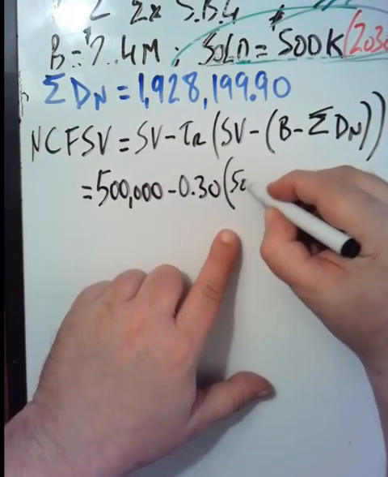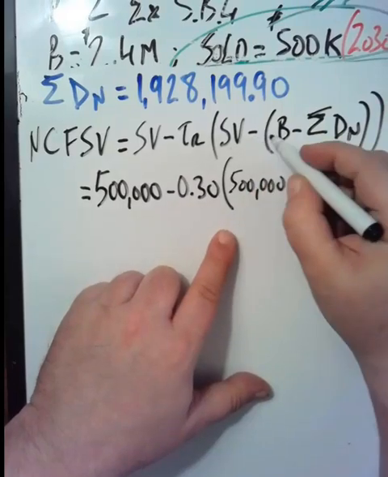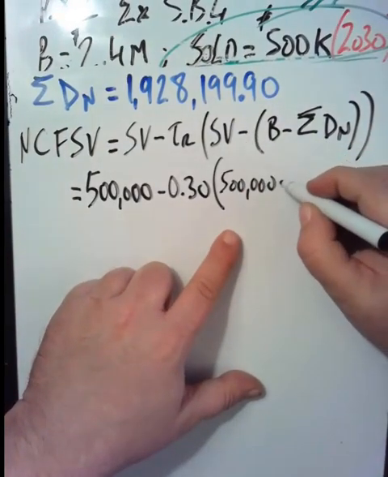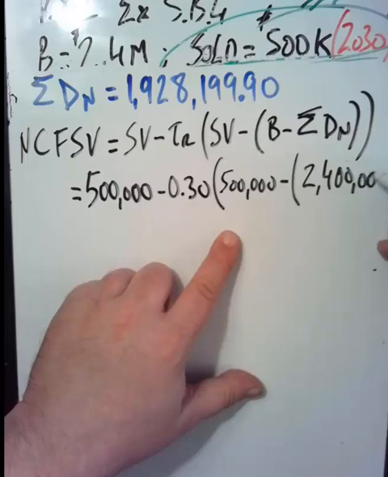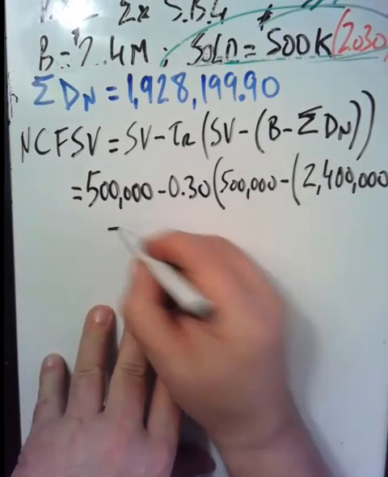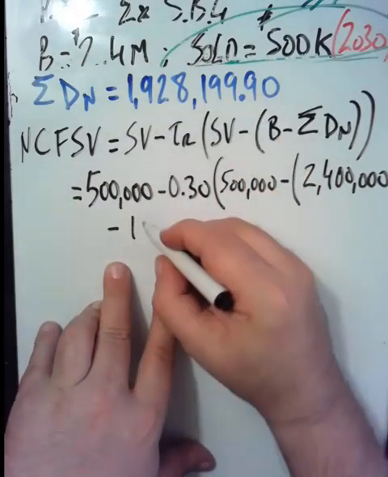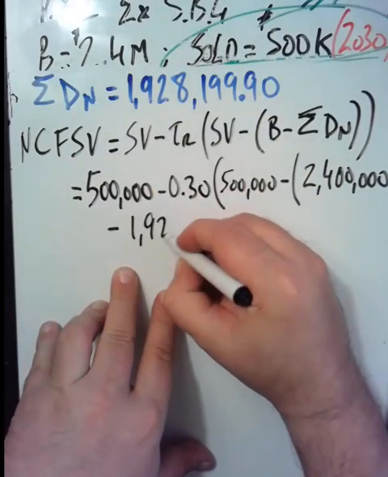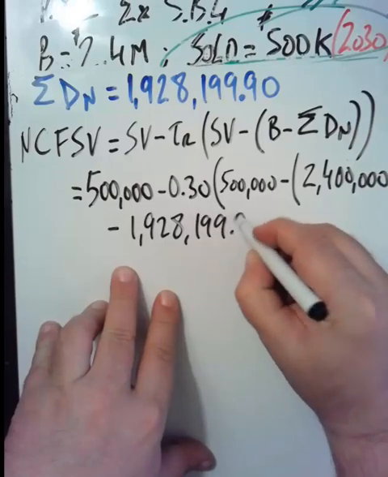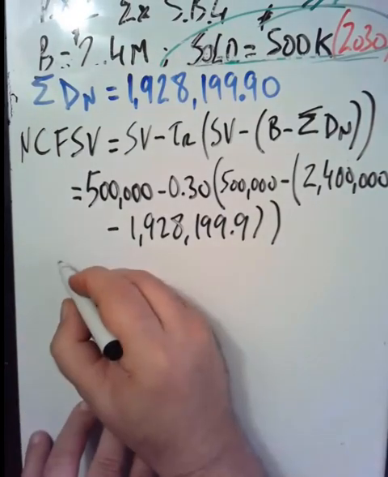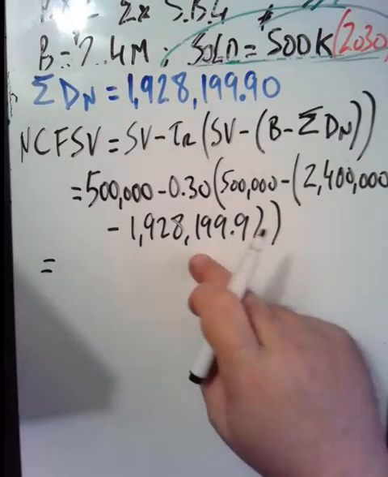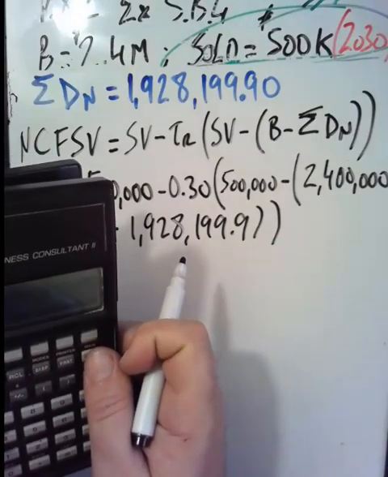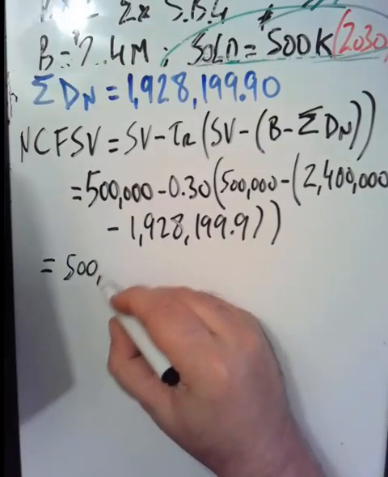Then again $500,000 for the salvage value, actually sold value, right? If you want to think it like that. Then the basis, right, of 2.4 million minus the value of the depreciation recorded in the book. So $1,928,199.9, which means that in our books, the difference between these two numbers, the asset still worth, let's write down all these.